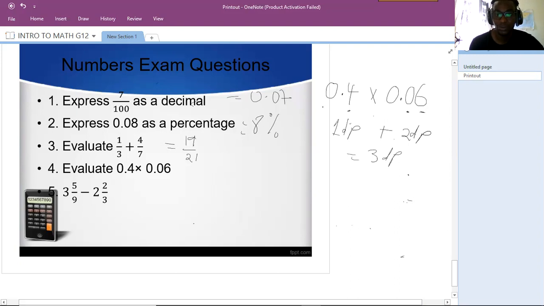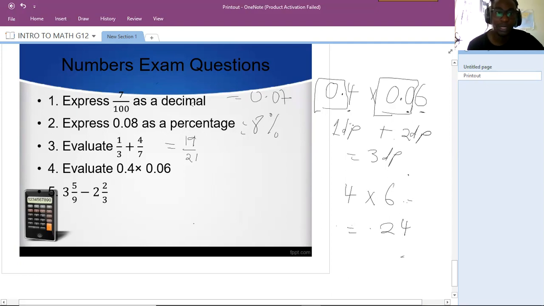Then we just remove the zeros because we've counted the number of decimal places that we have. Therefore, we are going to have 4 times 6. 4 times 6 will give us 24. So 24 is our answer.